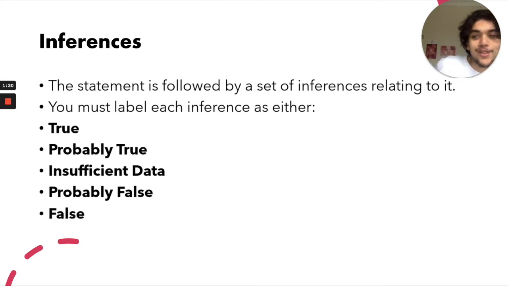Now, you may be wondering, how does one determine between all of these? They are really interlinked as inferences. So let's go through each one individually and try to understand and establish what differentiates one from the other.